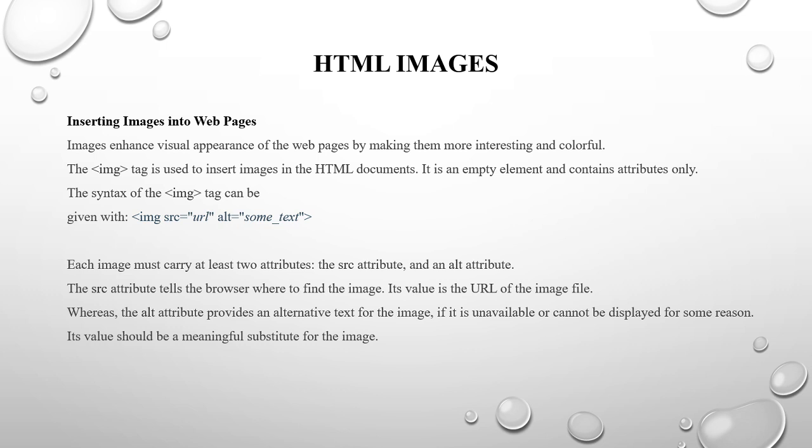Each value should be a meaningful subtitle of the image. If the image is an orange, we put an alt value of orange. If the image is a car, we put an alt attribute of car, so that even if the image doesn't show on the page, the one viewing the page knows that a car image is supposed to show, but for some reason it is not showing.